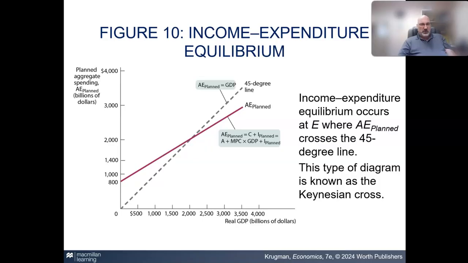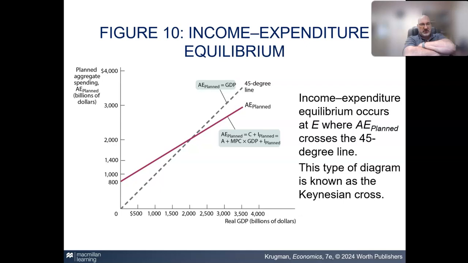What we're going to do is have a 45-degree line crossing. Let's talk about how this really works. If you look at my vertical axis, I've got planned AE spending. If you look at my horizontal axis, I've got real GDP. If I draw a 45-degree line from those two, technically every point on that 45-degree line is an equal distance between those two axes.